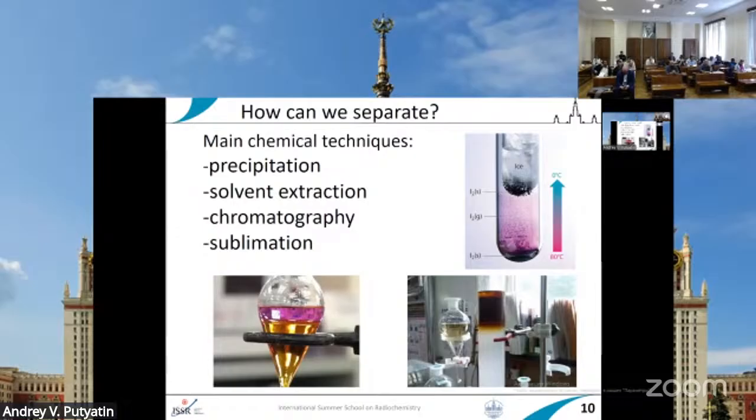And one more time, these are the most widely used chemical techniques: precipitation, co-precipitation, solvent extraction, chromatography, and sometimes sublimation, when we deal with substances that can be gases at normal temperatures, normal temperatures being those that can be achieved in a laboratory-scale system.